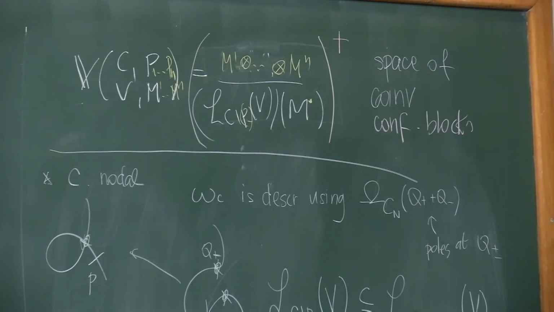But sorry, can I ask another question? Yeah. So if the modules are not Z-graded but sort of shifted from Z-graded, do you also need a choice of tangent vector at each point? Yeah. So this is the thing.